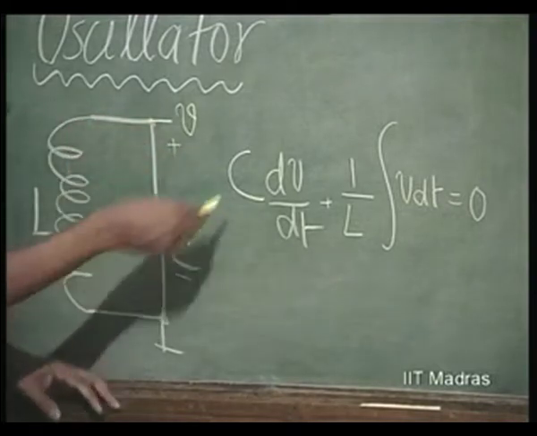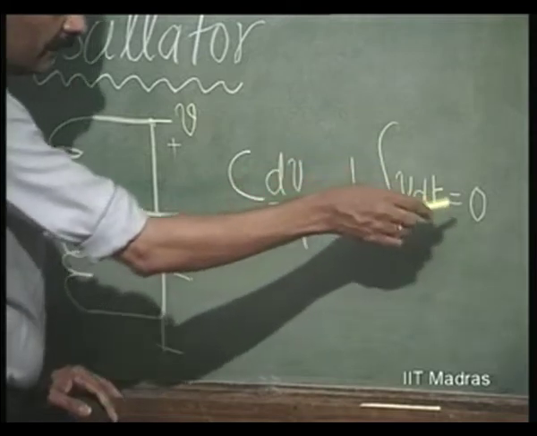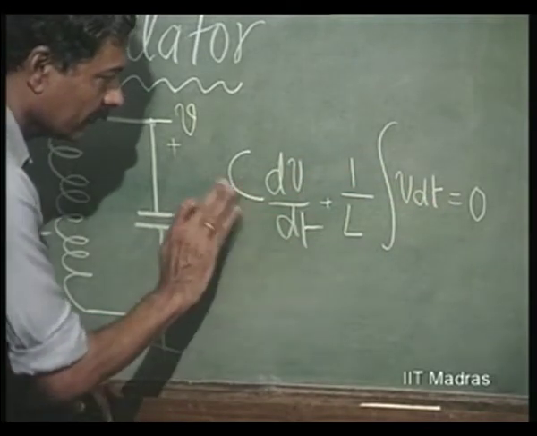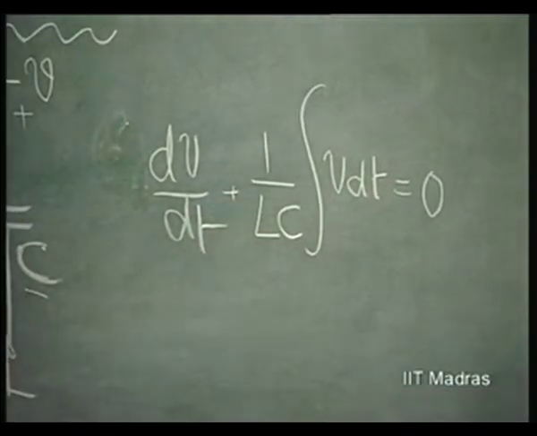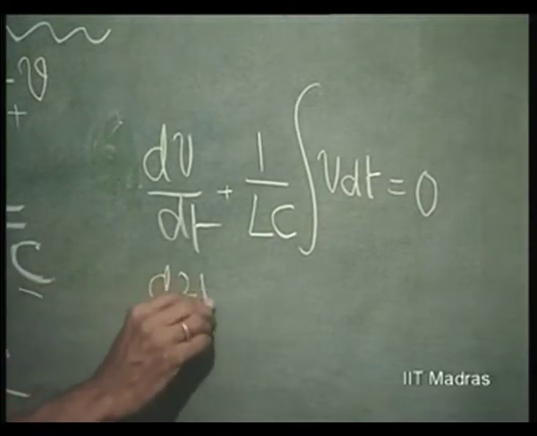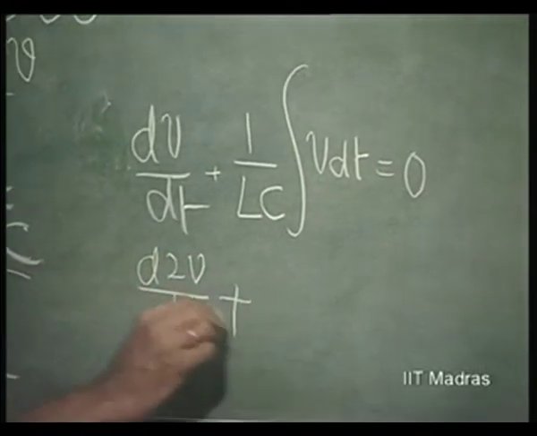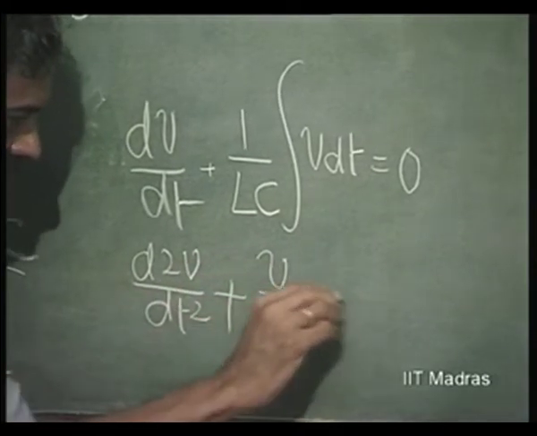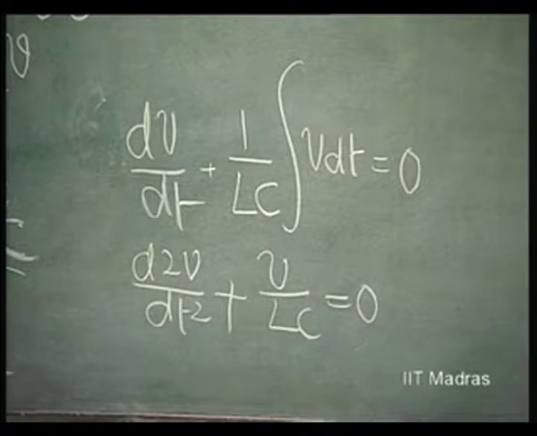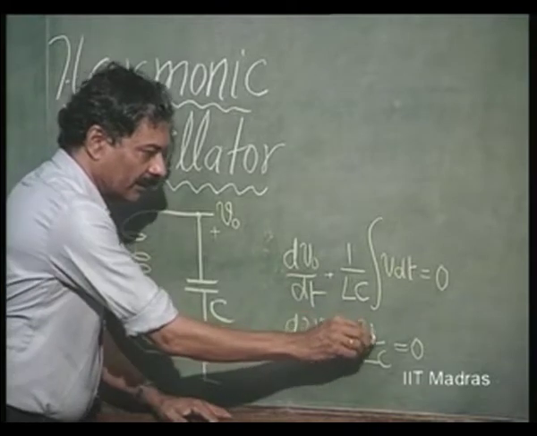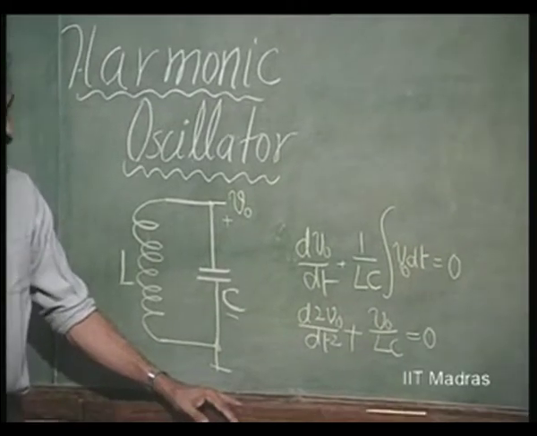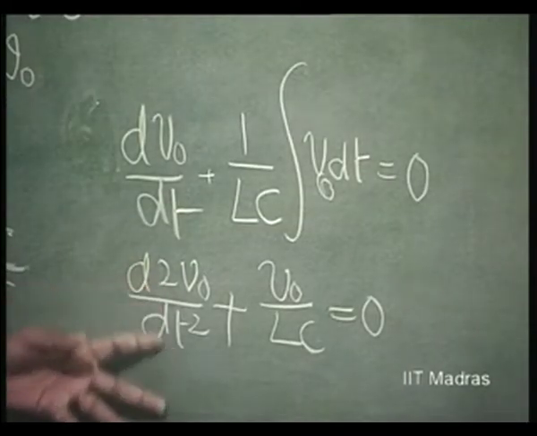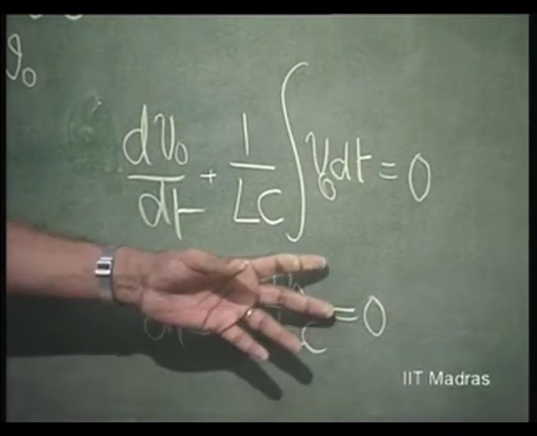From that, C dV by dt plus 1 over L integral V dt is equal to 0, or we can write this as d squared V by dt squared plus V by LC equal to 0. This is the same equation that we get. Let us call this V naught, so that we are consistent with our symbol used in the state variable filter. So, you get the same equation, d squared V naught by dt squared plus gamma V naught equal to 0.